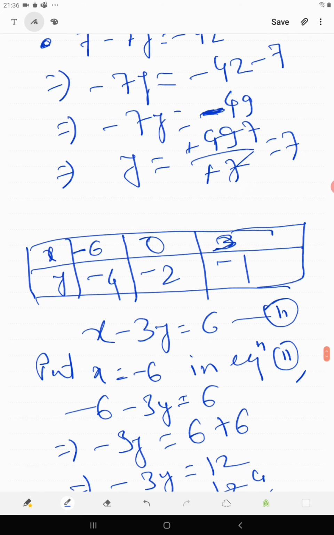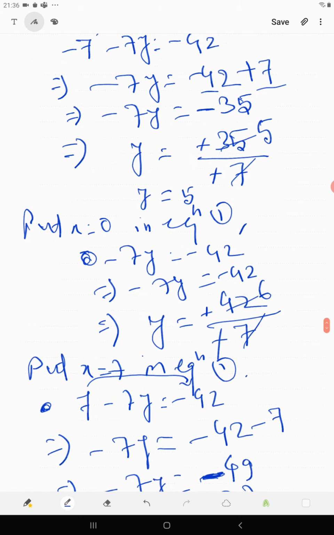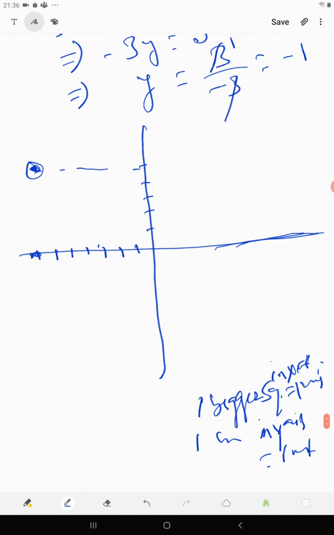Now next is 0 comma 6. So at the origin, 6 units up is this.